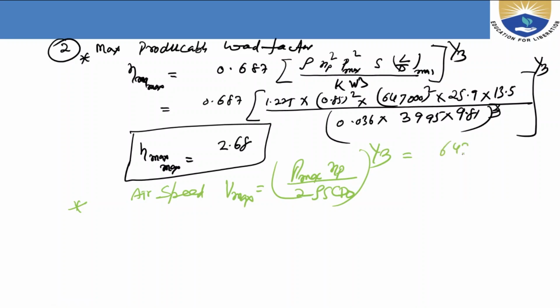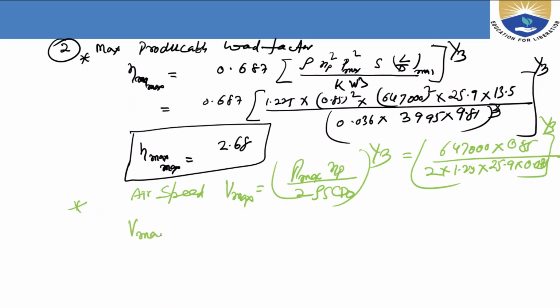P max 647,000 into 0.85 divided by 2 into 1.225, S is equal to 25.9, 0.038, to the power 1 by 3. So you will get V max is equal to 61.3 meter per second or 119.3 knot. So this is another answer.